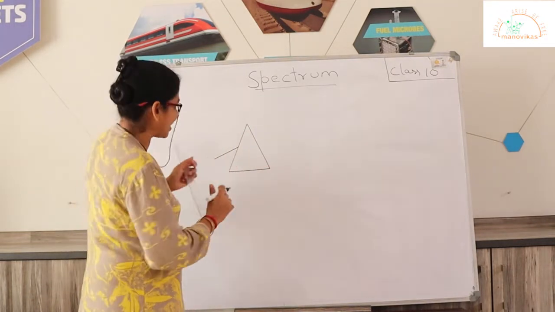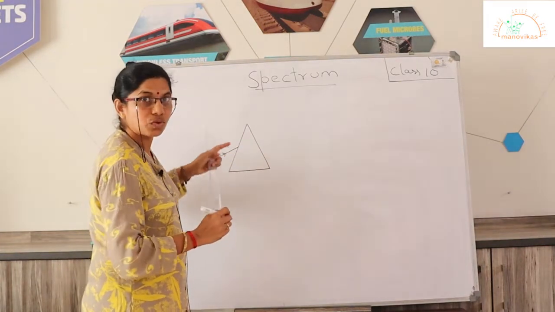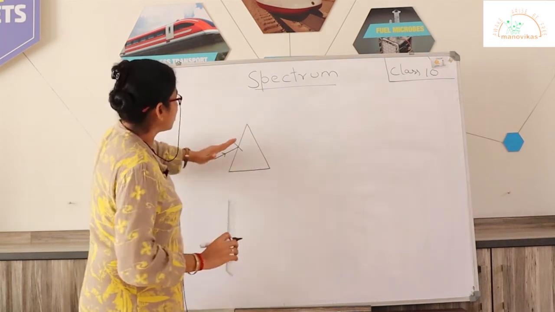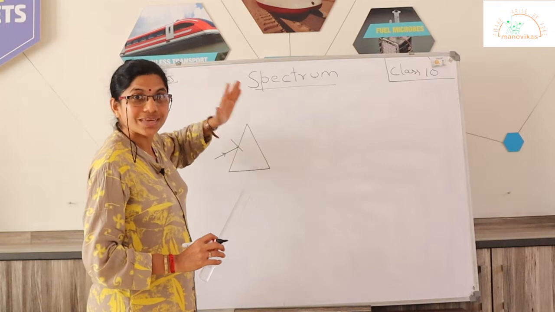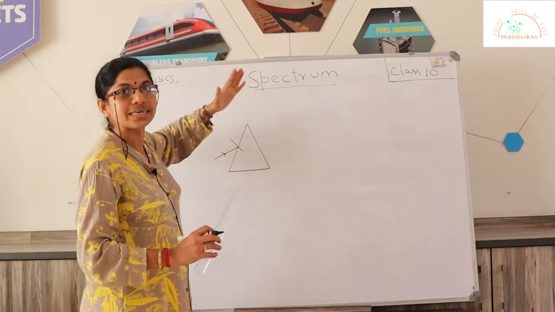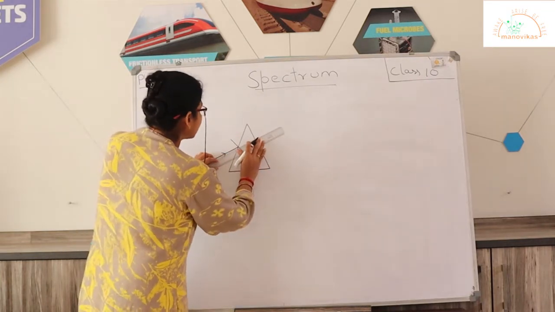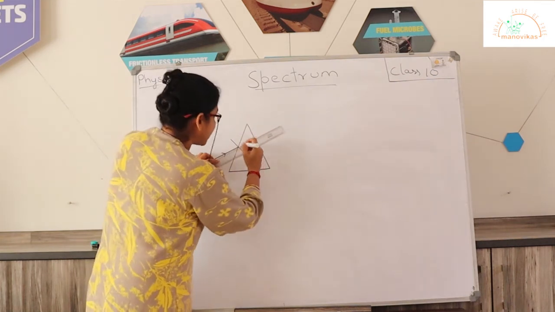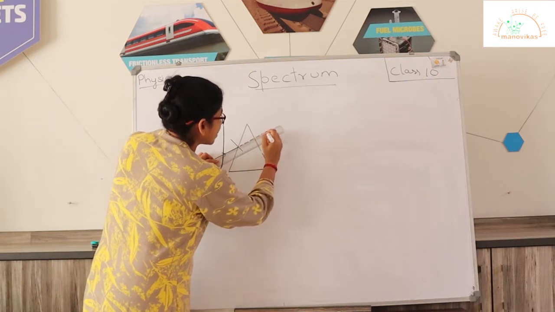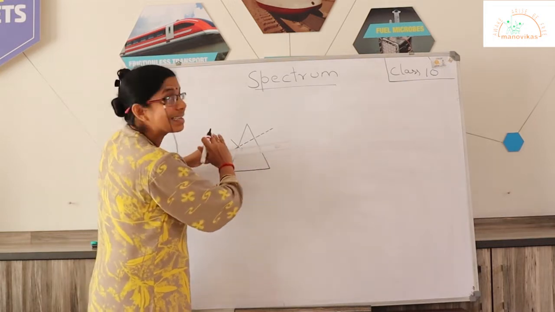Now when this incident ray is incident on this edge of the prism, you find about the normal, if the prism is removed, this ray will go straight without any deviation. I am going to show it using dotted lines; it should have gone straight if the medium was the same throughout, but instead there is deviation.